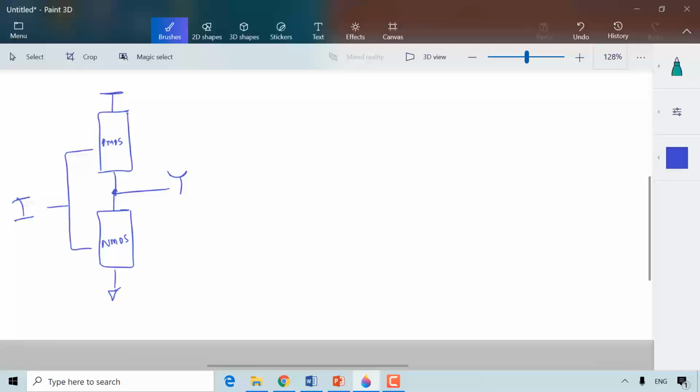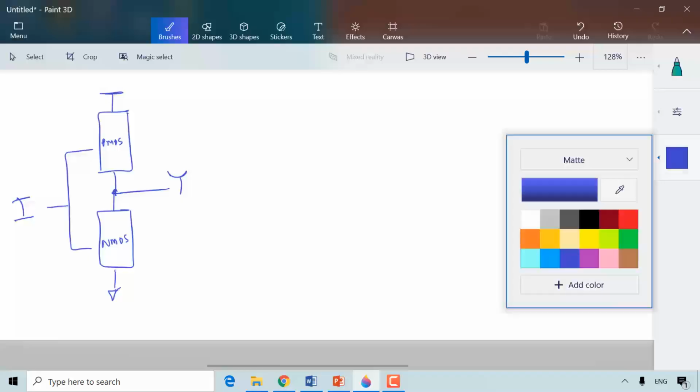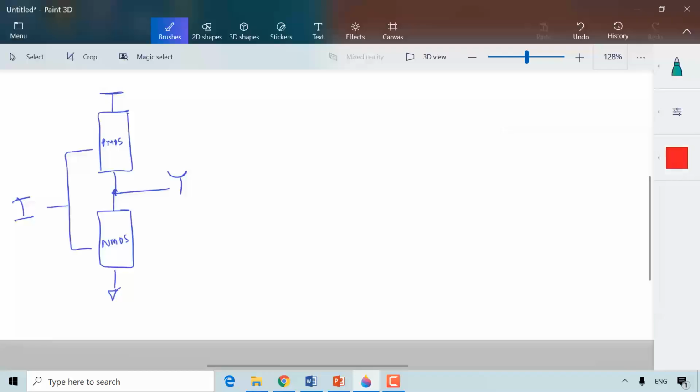Now, in these circuits, for CMOS to work appropriately, either the NMOS or the PMOS network should be on. We refer to this as the pull-up tree, and this as the pull-down tree.